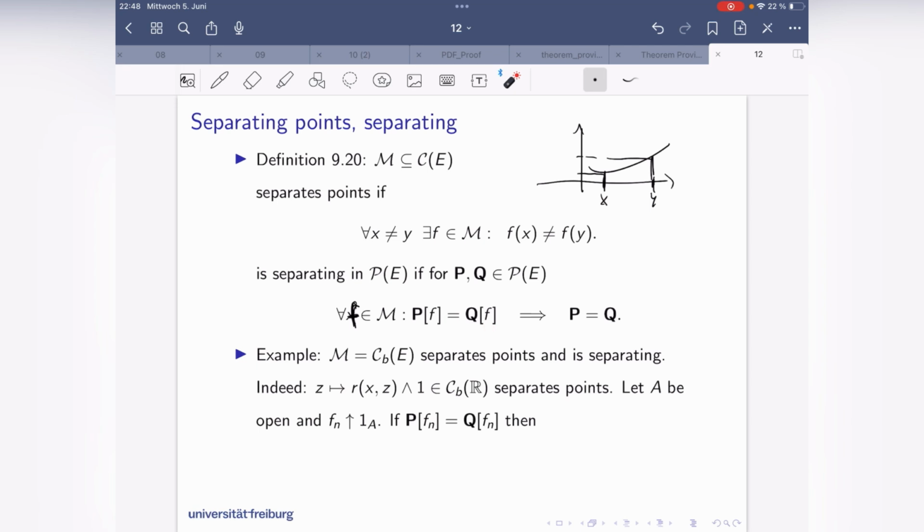Let's make an example. You will remember the set of bounded continuous functions on E, which we need for weak convergence. This one both separates points and is separating. First of all, separates points. Here is one example how you could do this.